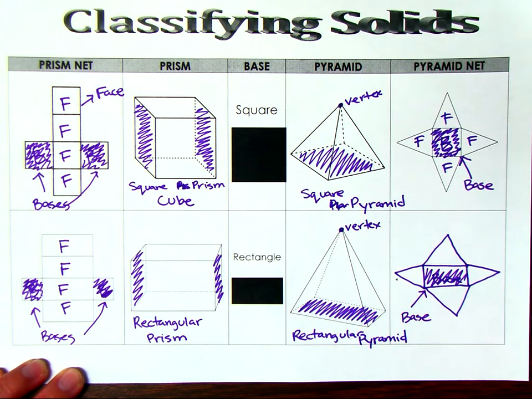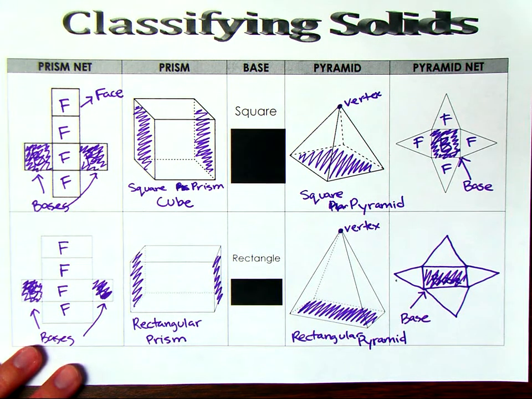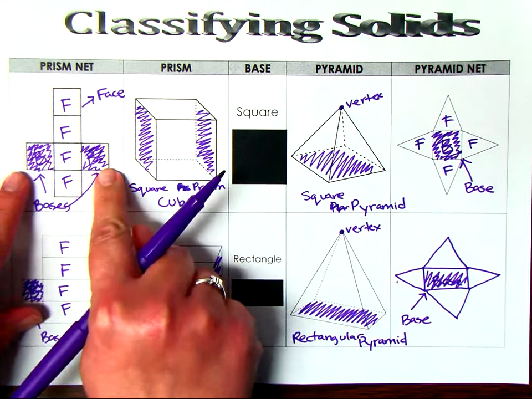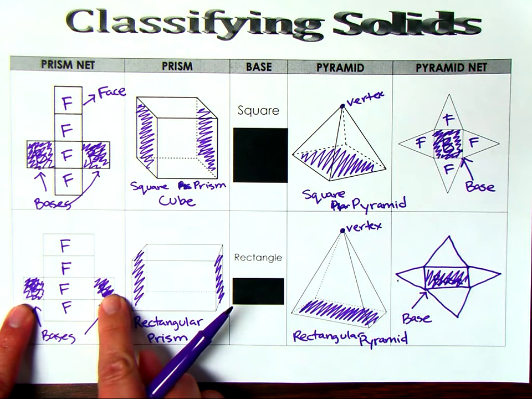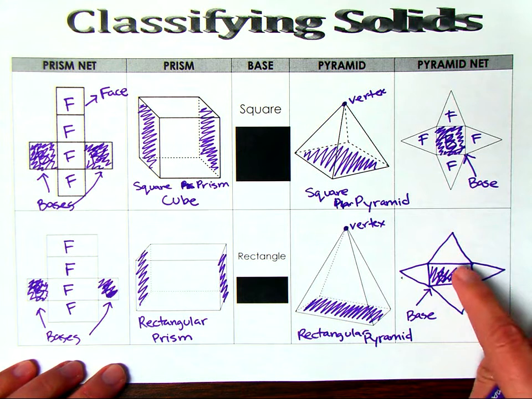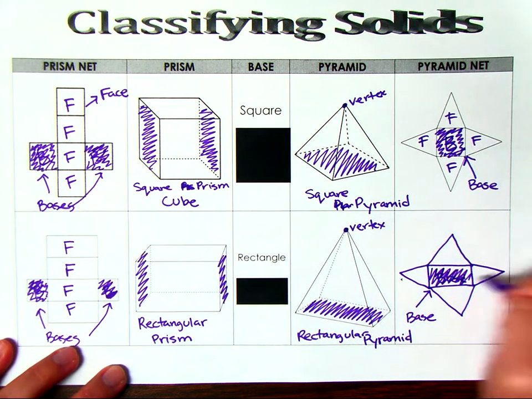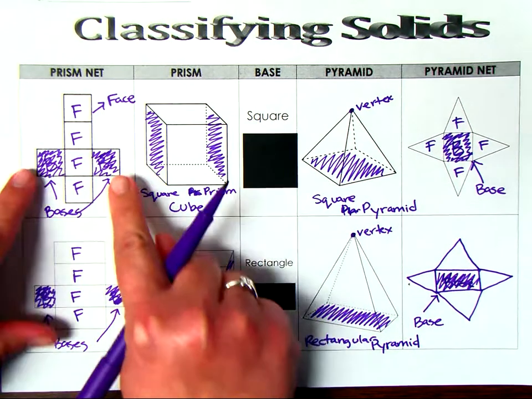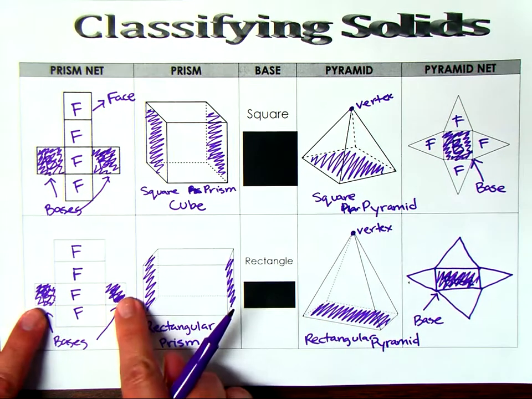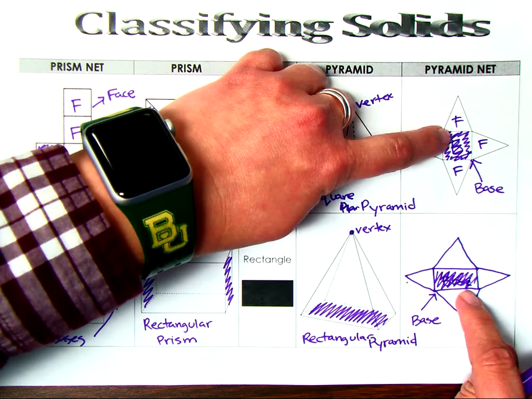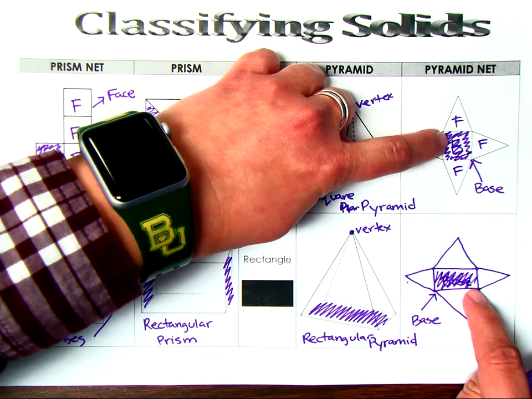So let's talk about some similarities before we go on to the next one. If you guys see it, right here, the bases are always off to the side on a prism, where the base is always in the middle of a net when it's a pyramid. Okay? We can also see that prisms have two bases and that the pyramid only has one base.